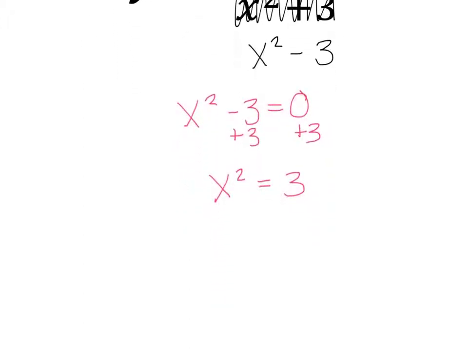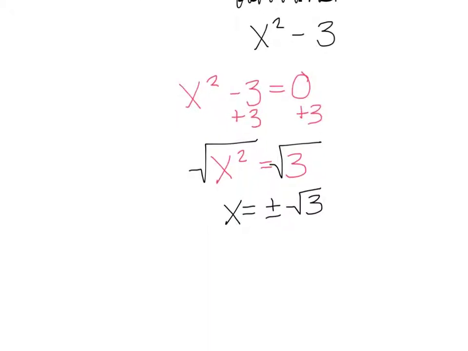How do I get rid of that squared? Square root it. What happens when I square root both sides? Plus or minus. And can we simplify square root of 3? No, you could get a decimal, but that's about as far as you have to go. So how many points of discontinuity does this one have? 2. It has a point of discontinuity at x equals square root of 3 and at x equals negative square root of 3. So those are your answers.